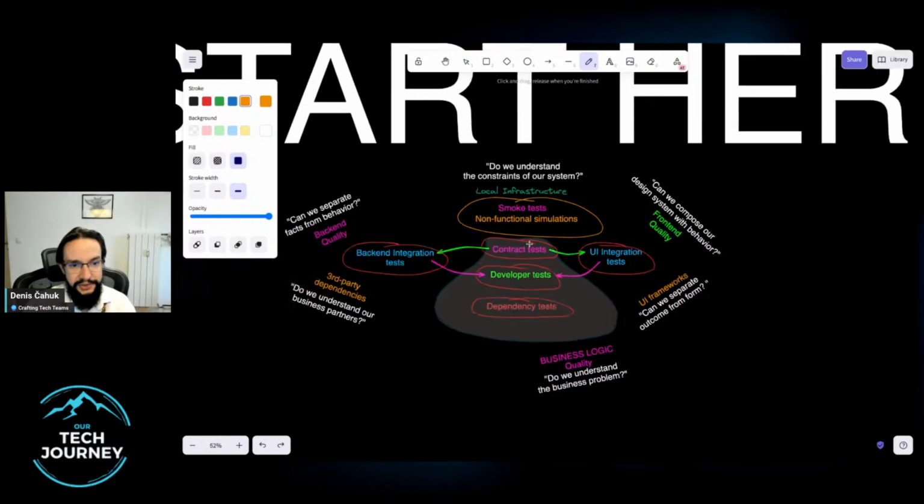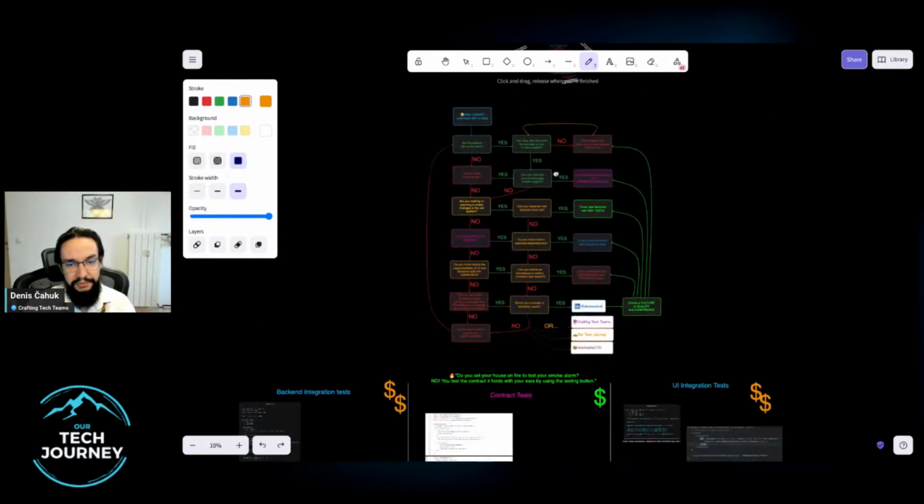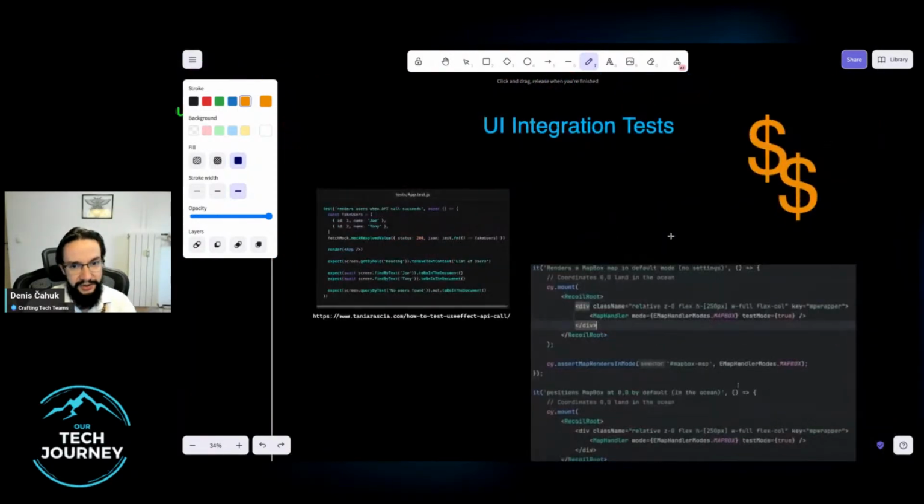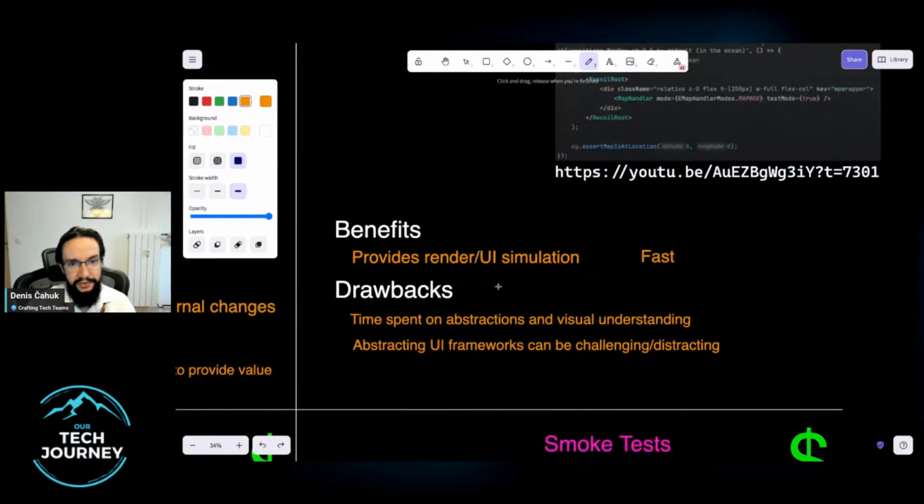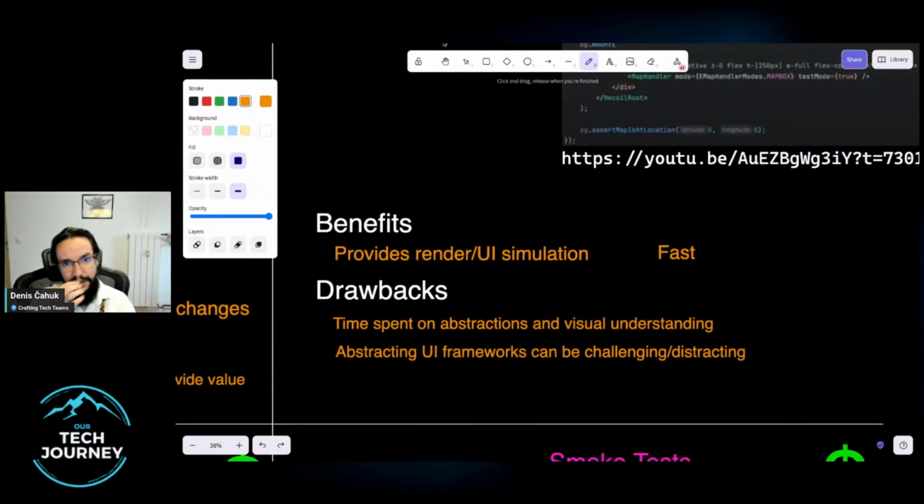UI integration tests generally are a little bit more expensive to build, but they're still your friend, because they are fast and they provide you a reasonable simulation of the UI. So they will produce some HTML. There's an example up on the screen from the work we did together with Whe and Adrian.